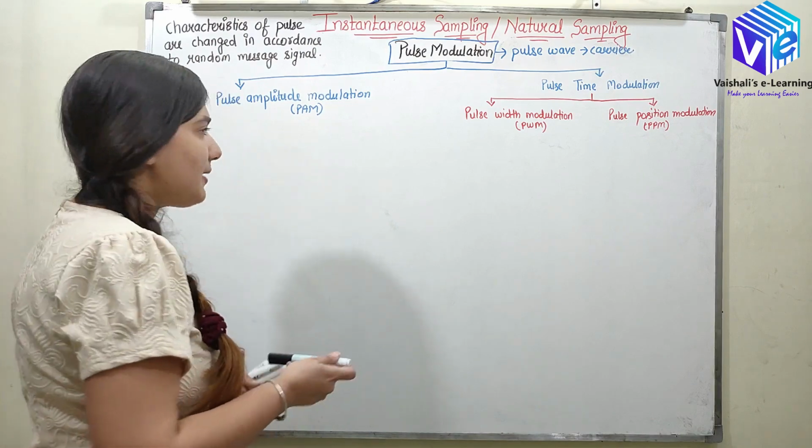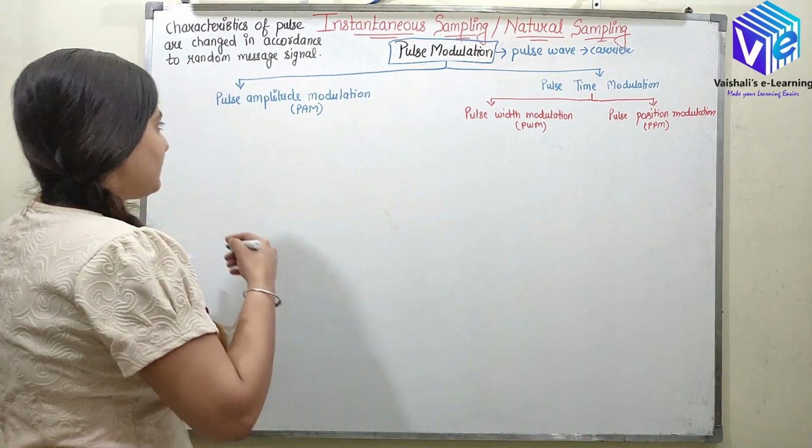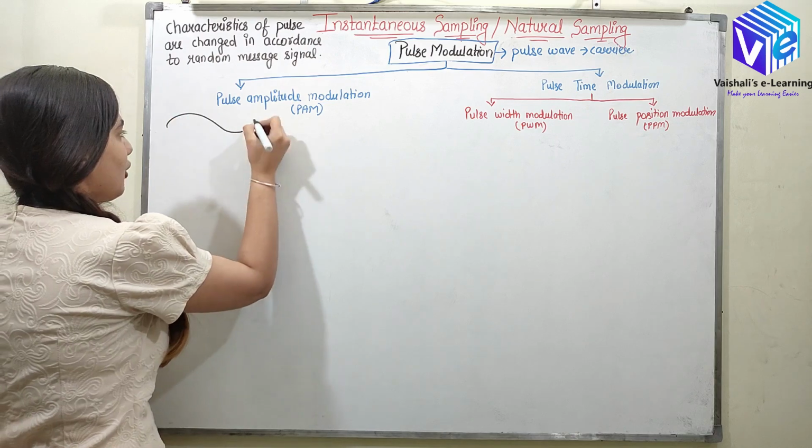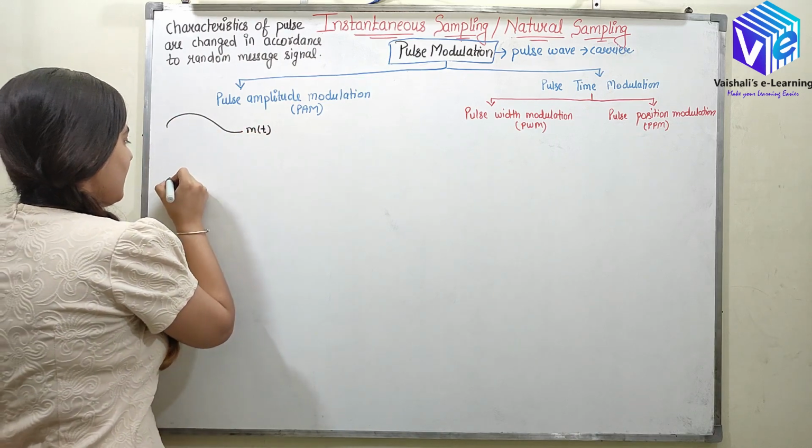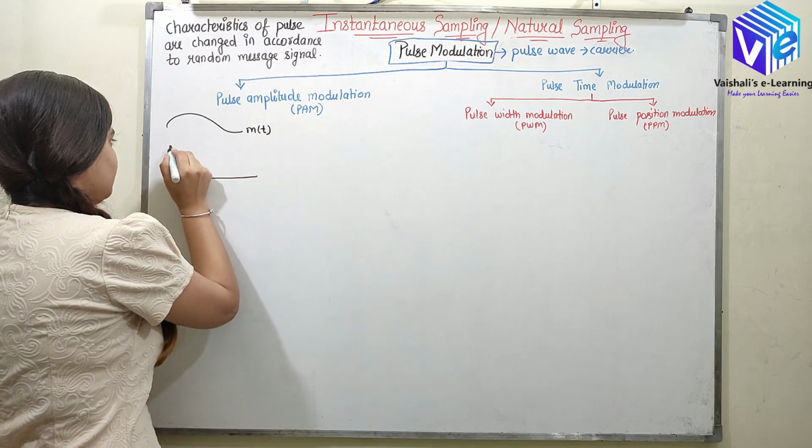So now here also I'll be giving you a quick overview of the different types of pulse modulation techniques. Here I am taking a same message signal and same pulse signal.